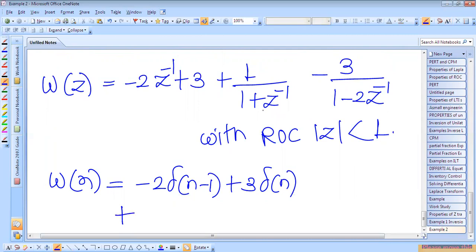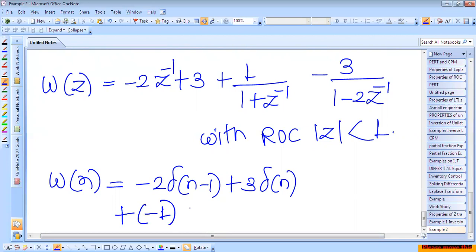Again, the third factor is 1 over 1 plus z raised to power minus 1. So what is AK here? AK is 1. Here the ROC is less than 1, therefore AK has the minus sign, AK is 1 here. Then d k raised to power n. What is dk?